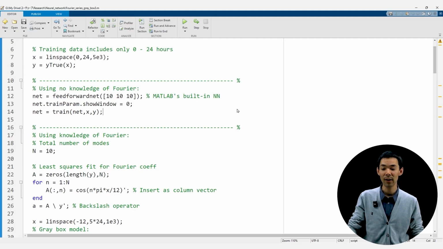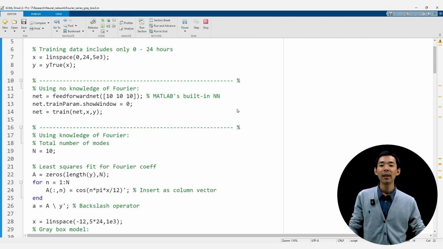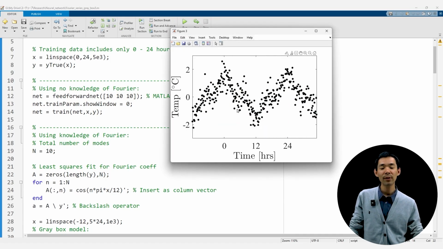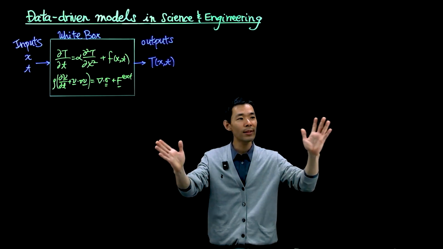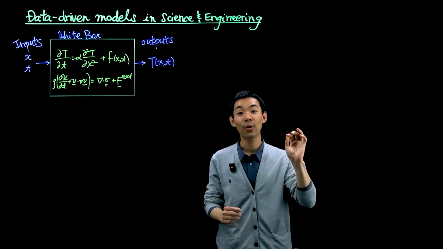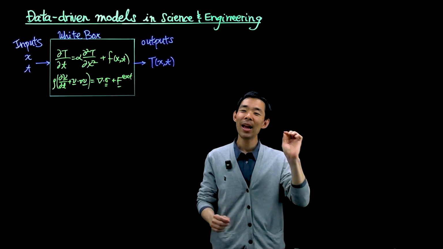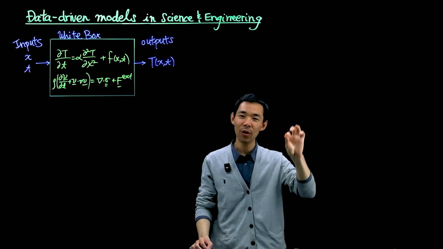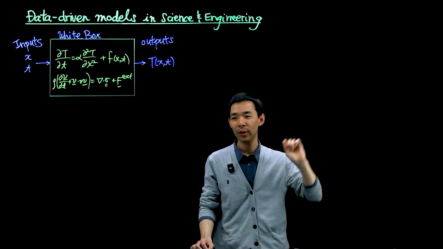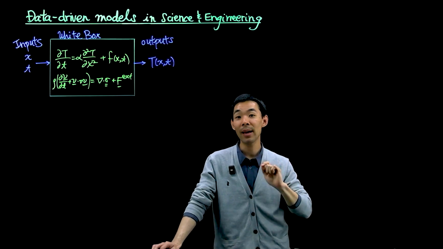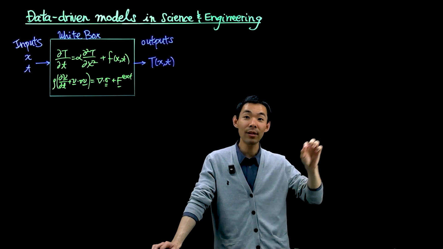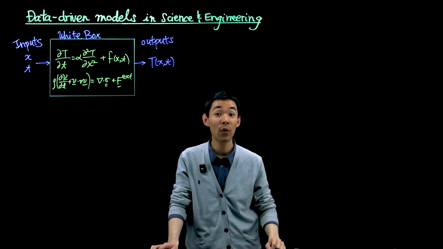So what I've done here is to create a pseudo-experimental data set. Let's suppose that you go outside and measure the temperature using a thermocouple outside your home. You measure that temperature over some period of time, going out there every 10 to 30 minutes, and you continue that for 24 hours.